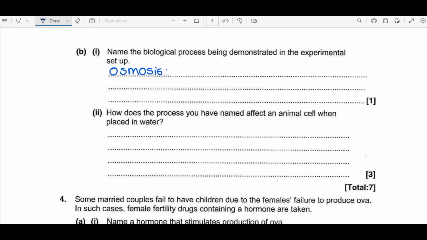Then Roman number 2: how does the process you have named affect an animal cell when placed in water? Whenever we place an animal cell in water, it is going to absorb a lot of water.